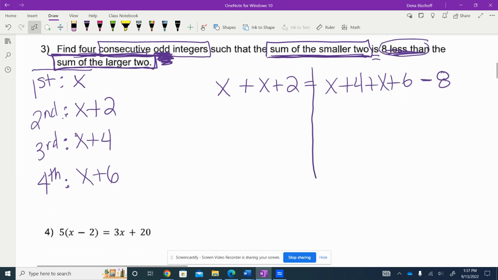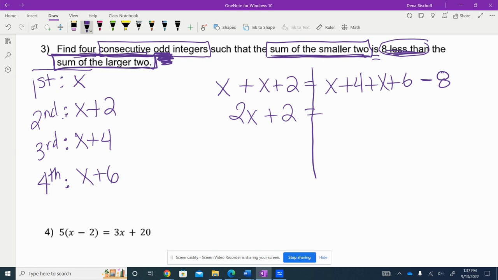Okay. So I'm going to wait a second for everybody to write that down. This one's a really important type of problem. All right. Maddie Stevens, what can I group together on this first side? Is there anything I can group together? The 2 x's become 2x. Good job. 2x plus 2.